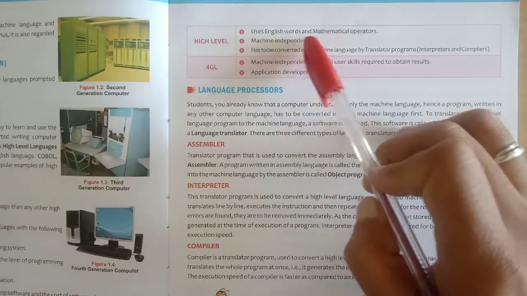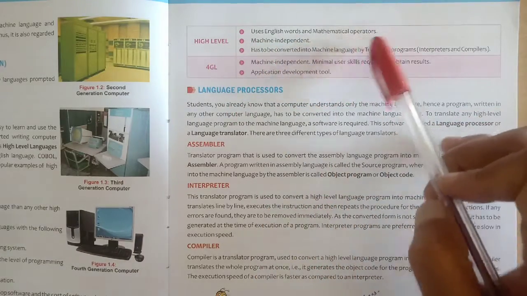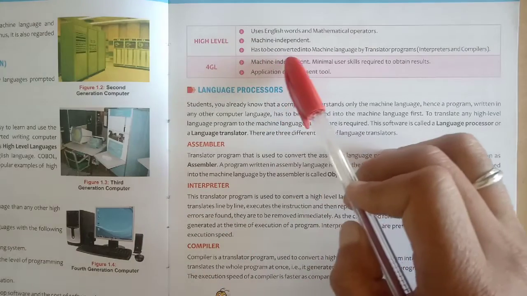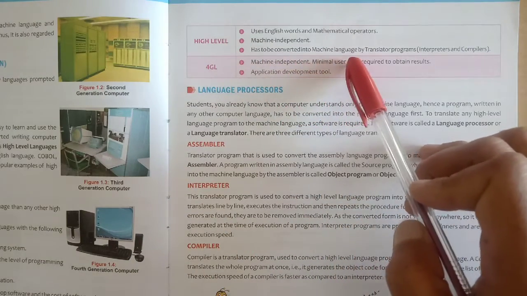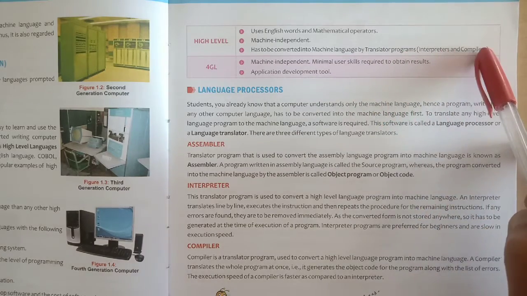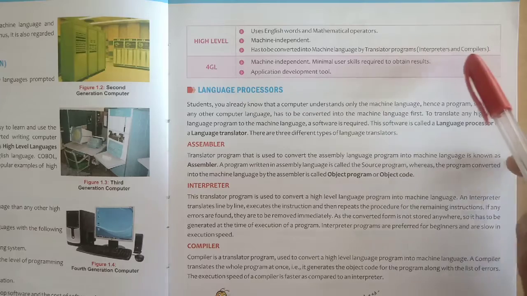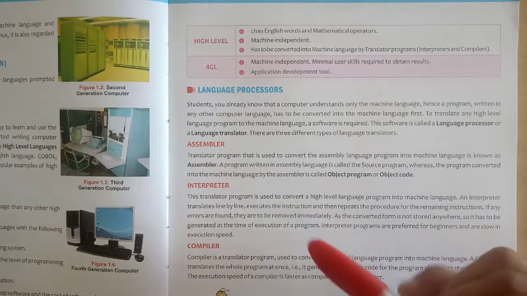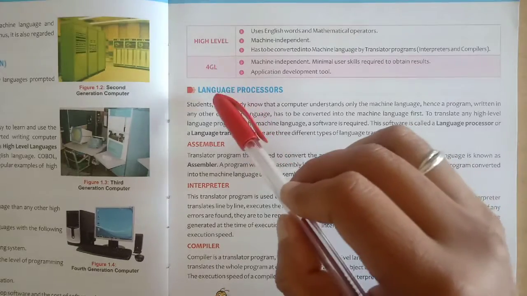Use English words and mathematical operators. Machine independent, not machine dependent. Has to be converted into machine language by translator programs, interpreter and compiler. These all, interpreter, compiler and assembler, come under the language processor, which you will see after this topic.